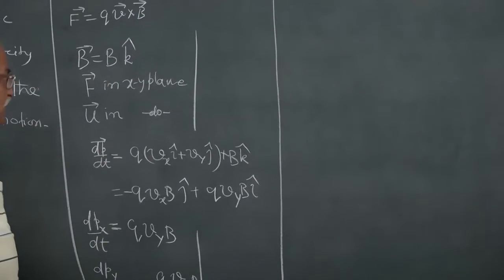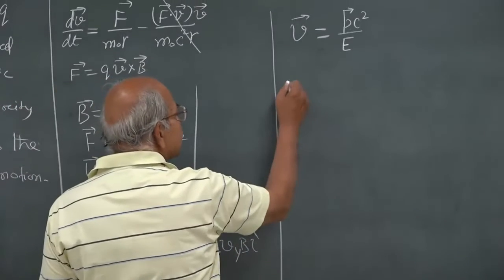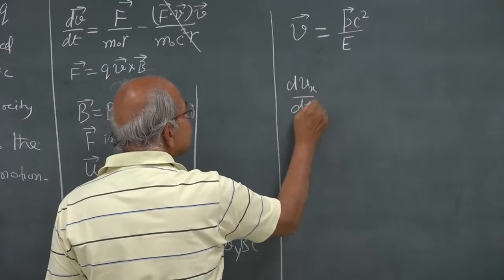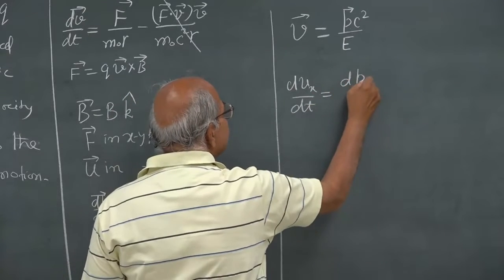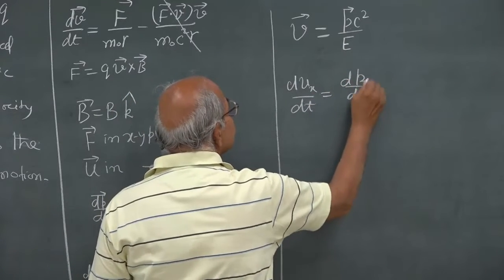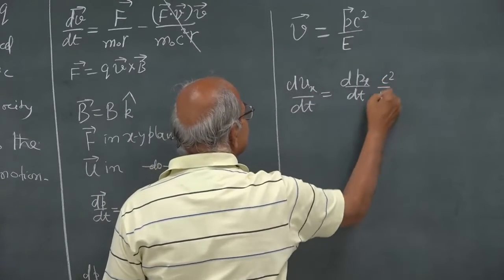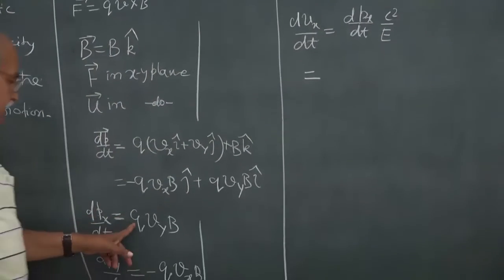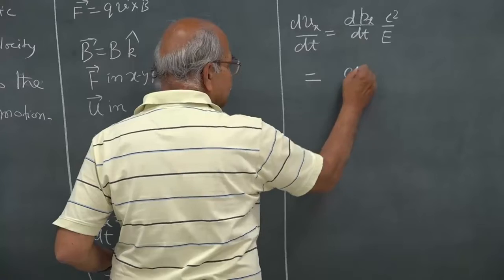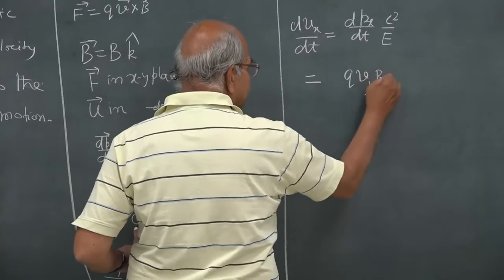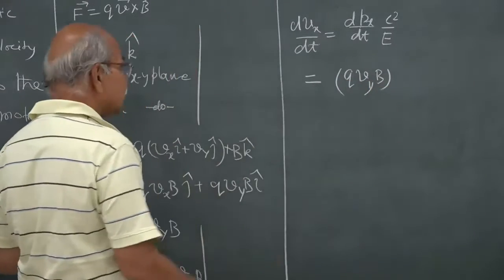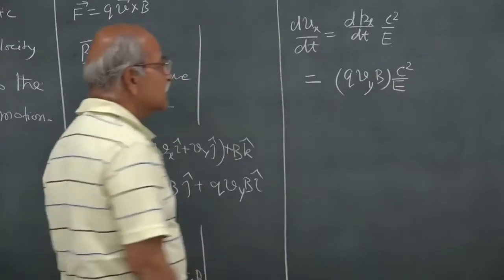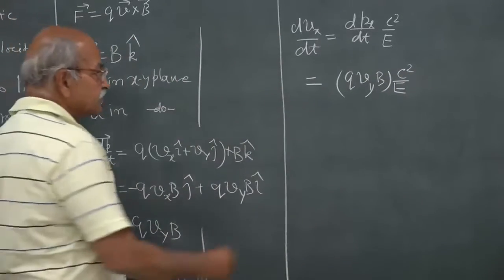So, dVx dt is equal to dPx dt times c square by E, and dPx dt I know, it is q times Vy times B, so that into c square by E is dVx dt.